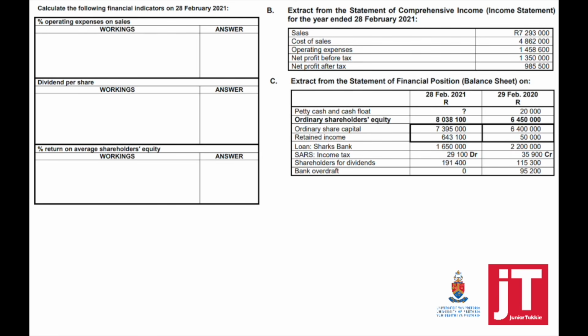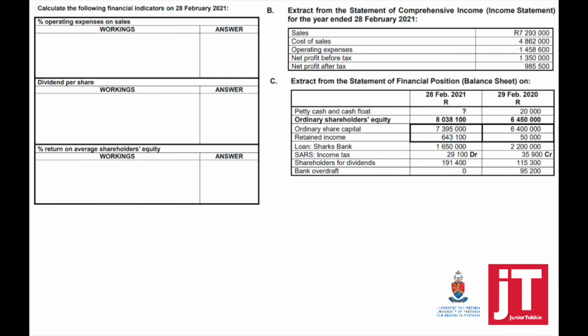Make sure that even if a formula sheet is provided, you study your financial indicators. Also make sure that if the final answer is given to you, you are able to find the figures, because it can happen in cash flow, income statement, or balance sheet, where they provide you with the financial indicator and you need to find figures.